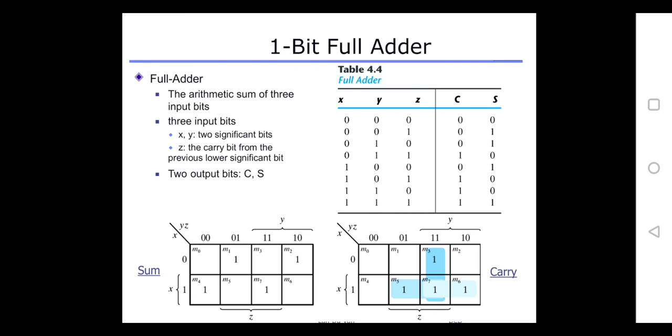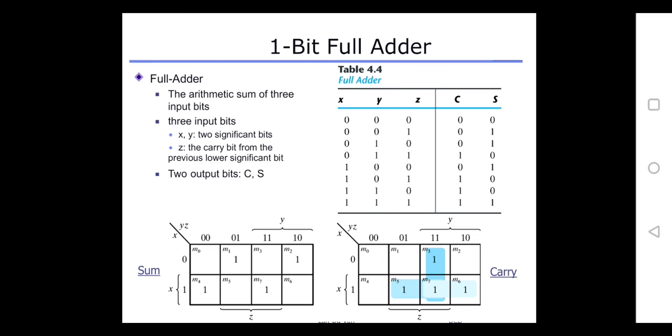We need to draw a three-variable K-map as we have three inputs, two K-maps, one for sum and one for carry. For carry, we have ones at 3, 5, 6 and 7. 6 and 7 are adjacent, 5 and 7 are adjacent, 3 and 7 are also adjacent. Combining all these three adjacencies, you'll get the expression for carry.